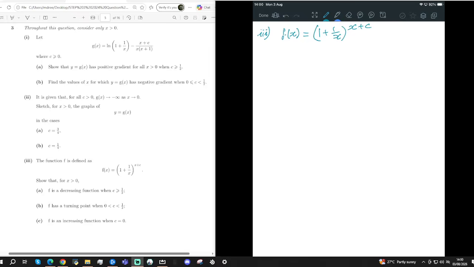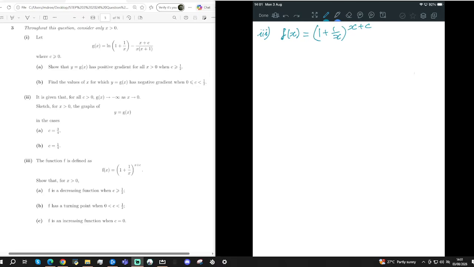One should probably first consider how this is linked to part 1, and certainly if I take ln of this function, I'm getting something that has the ln of 1 plus 1 over x, that's almost something that we could link to part 1. Not directly though.